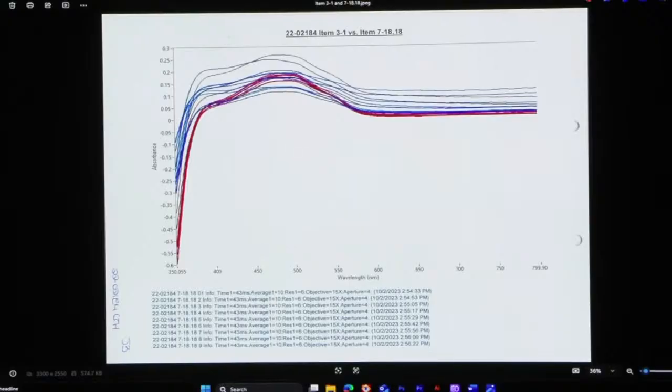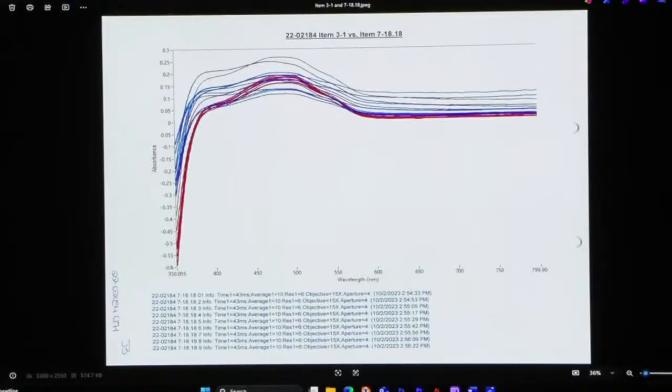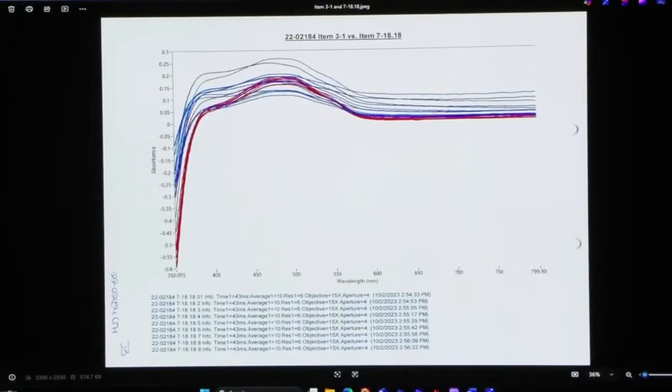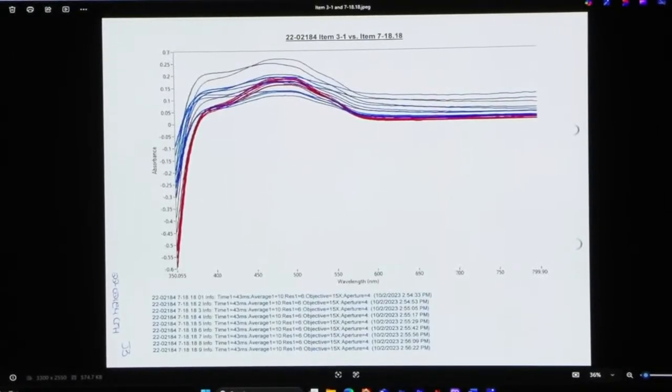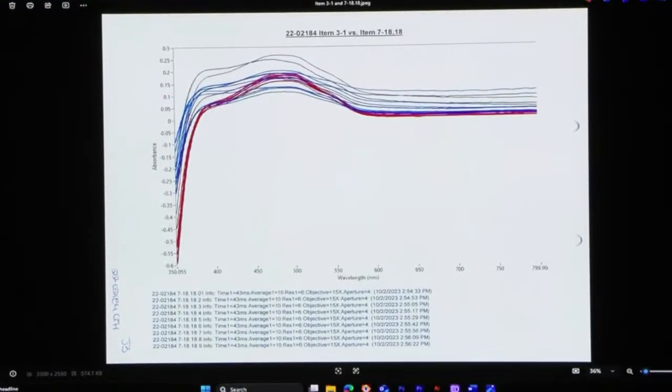So these are the samples that I ran from item 3-1 and 7-18.18, and the spectra are overlaid in order to look at it and determine whether they have a consistent or not consistent pattern.